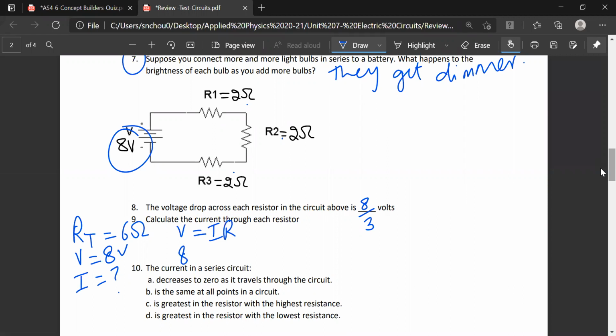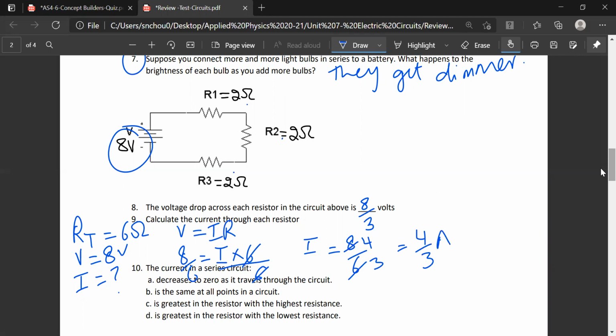V is 8 equals I times 6. So I is, you divide both sides by 6. So I will be 8/6, so 4/3.